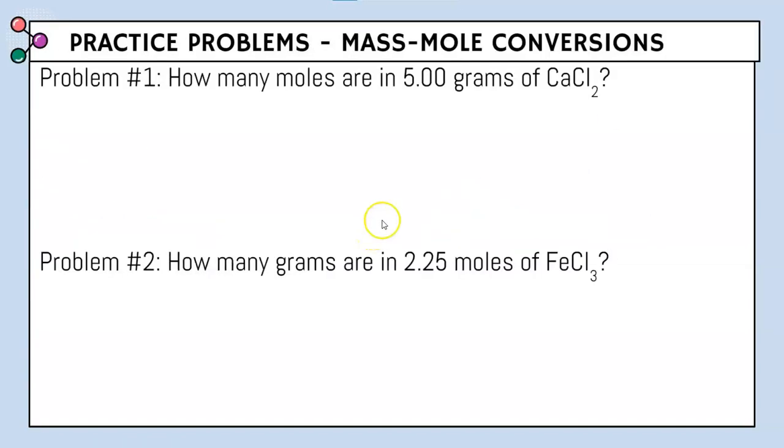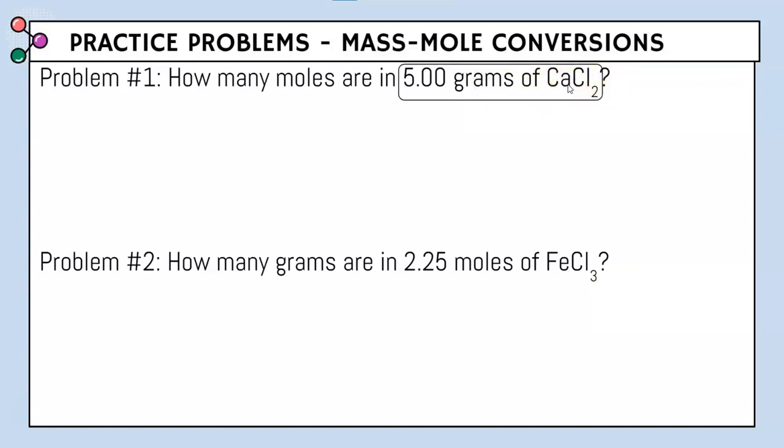Now, let's go ahead and do some practice problems. Our first problem says how many moles are in 5.00 grams of CaCl2. First thing we're always going to do with these problems is circle what we are given, and that's the number in the problem, the unit after that, and the compound after that. In this problem, we have 5.00, a unit grams, and a compound CaCl2, so we're going to circle that.